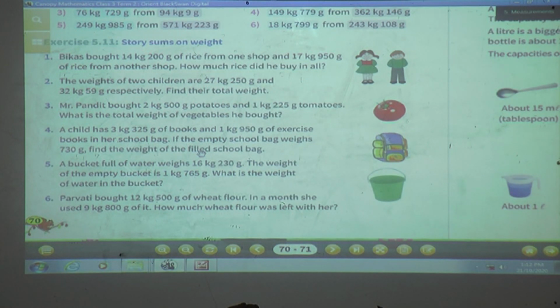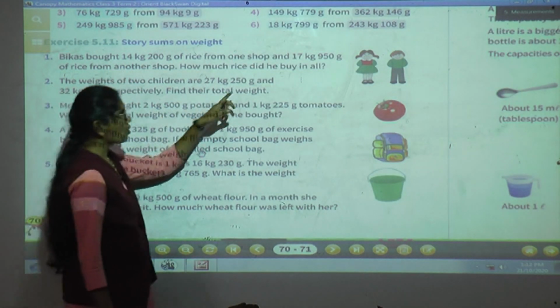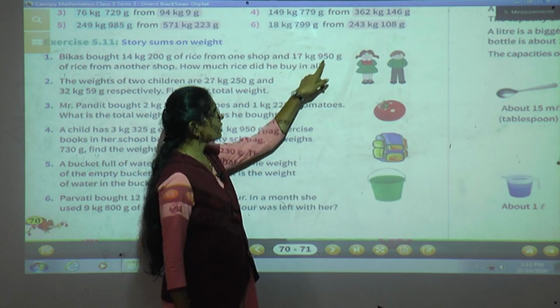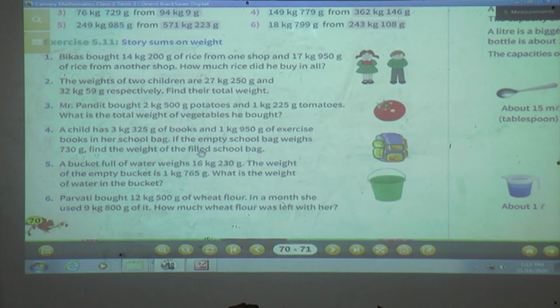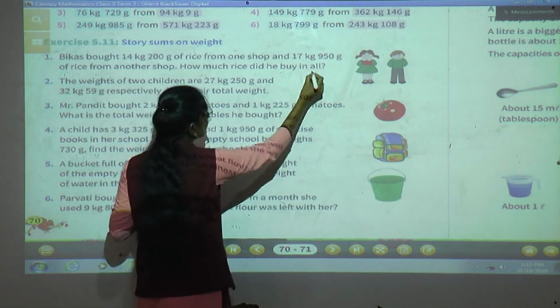Vikas bought two types of rice from two shops. Okay, from one shop he bought 14 kg 200 gram, and from another shop he bought 17 kg 950 gram rice. And the question is how much rice did he buy in all?